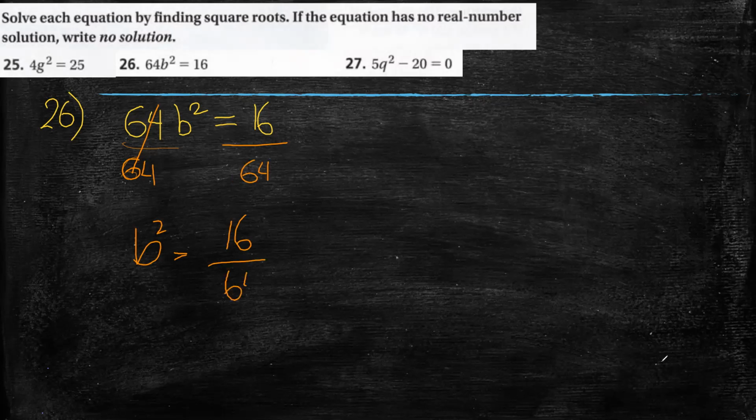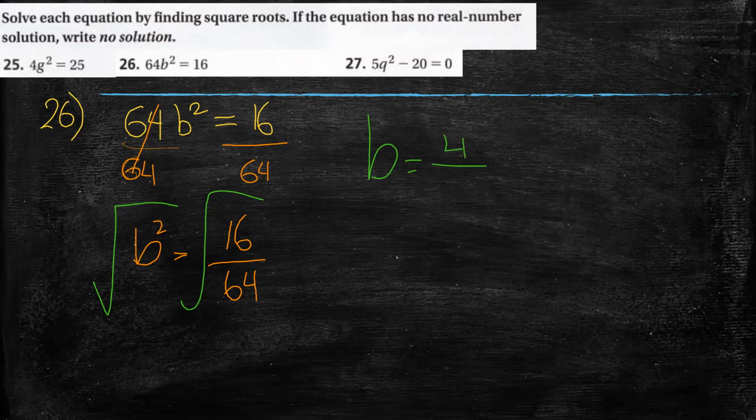Now, I told you that I don't want b squared, I want only b. So I take the square root. Are the numbers 16 and 64 perfect squares? Yes. What is the square root of 16? 4.